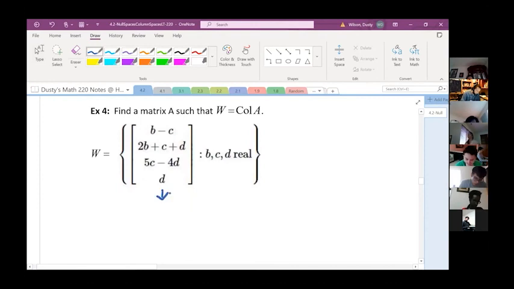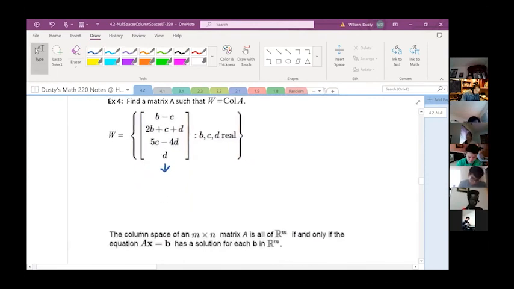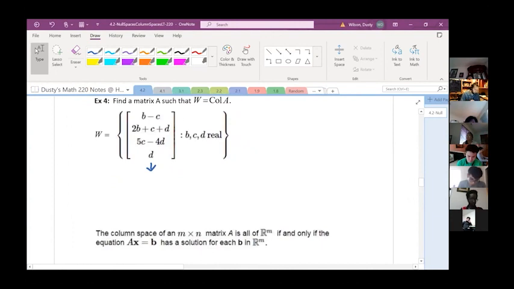So we can go from this set of all vectors of the form B minus C in the first component, 2B plus C plus D in the second component, 5C minus 4D in the third component, and D in the fourth component, where B, C, and D are real numbers. We can think about this as being some AX where you have 1, -1, and 0.